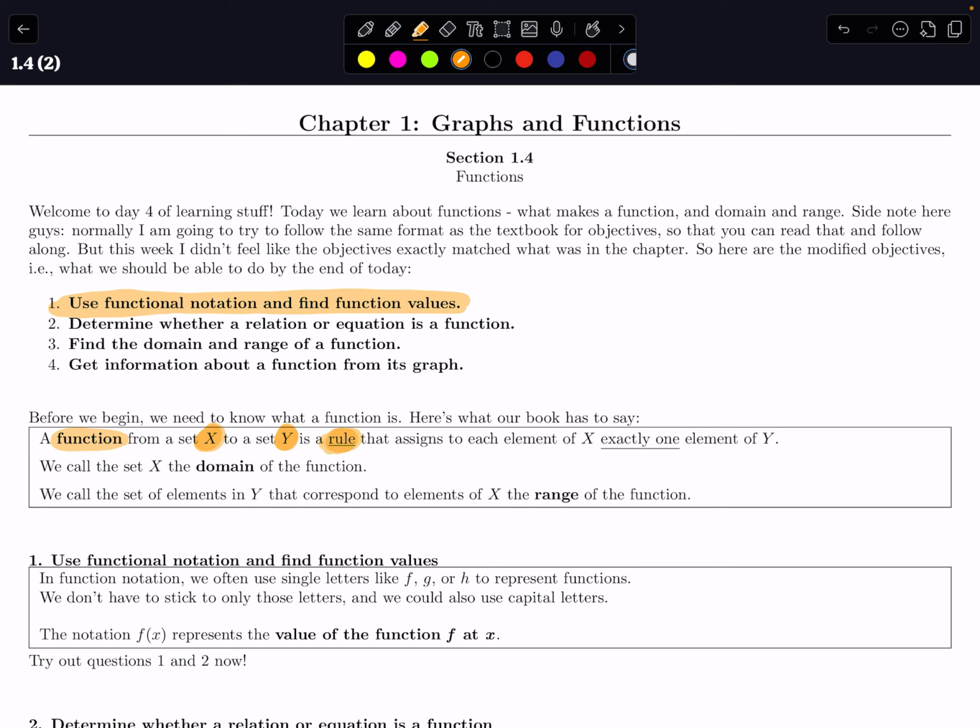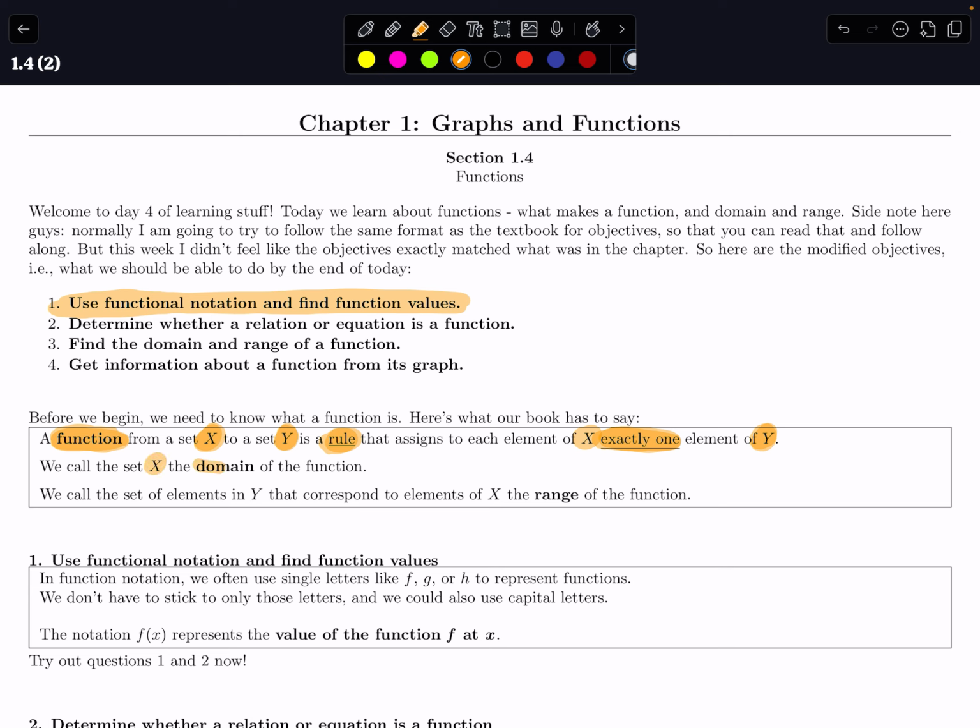And it is a rule. Different places will call that a different thing. They'll say a rule or relation or maybe operation or something that assigns to each X element one element of Y. So this exactly one thing is an important distinction. You can have relations that assign more than one element of Y, but then they aren't functions anymore.